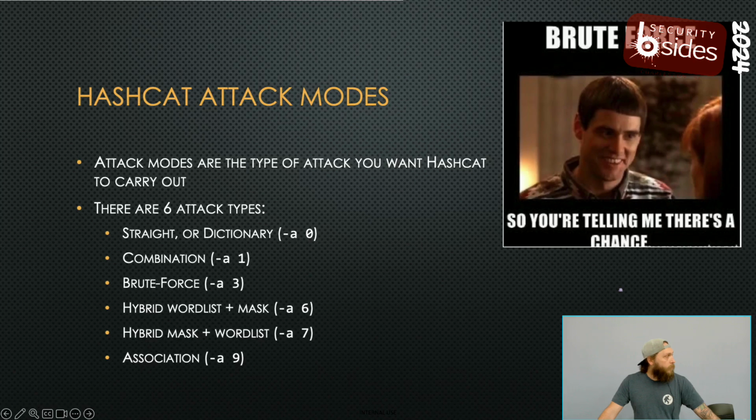And then association mode. I don't use this mode very frequently because I never know what hashes or passwords are created on, but a great example of this is using bcrypt, right? Bcrypt is an extremely slow hash to crack, but if you know that all the passwords use a timestamp, like a Unix timestamp, in the creation of these passwords, you can feed that in with the association mode and the time to crack is like a few minutes.